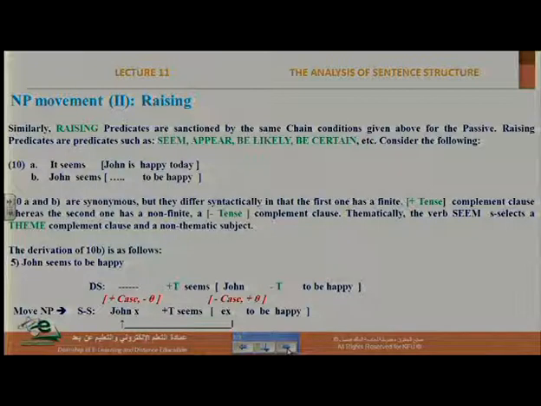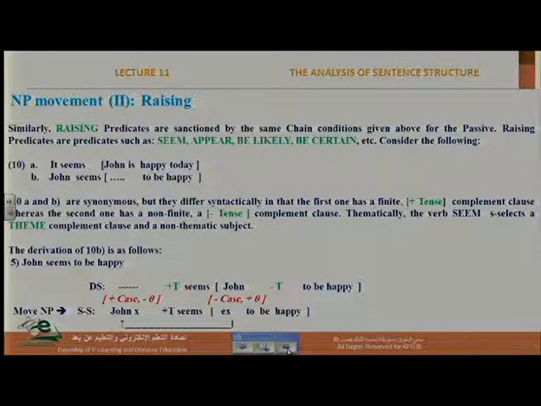Well, let me say it more simply. They conform to the same conditions. They observe the same chain conditions, of course, given above for the passive. Raising predicates are predicates such as seem, appear, be likely, be certain, and others.